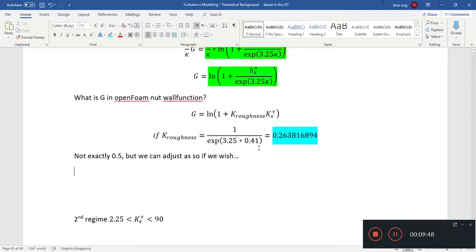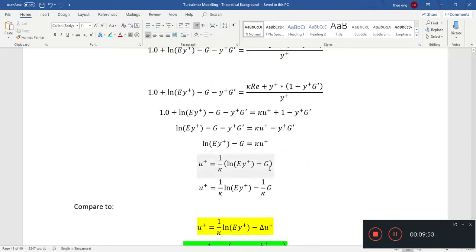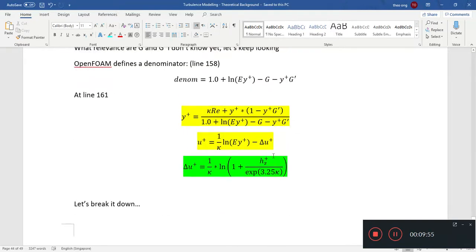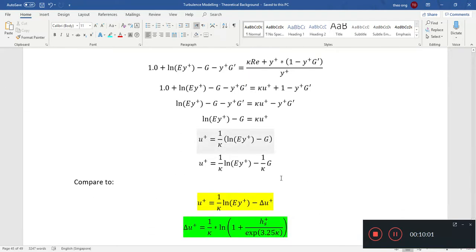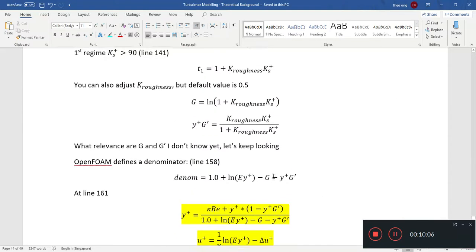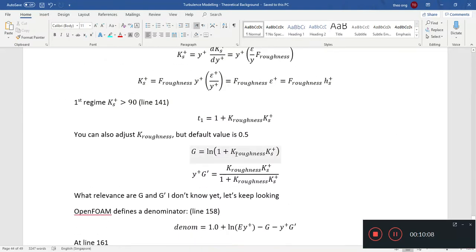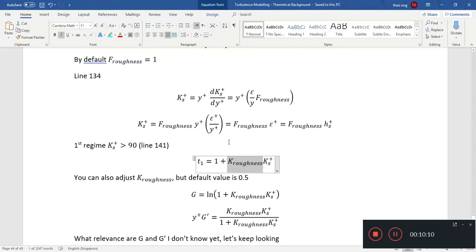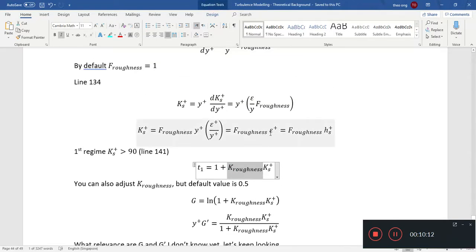Of course, this KS plus, you can do some scaling factor, if your scaling factor wasn't 1, because remember there was a scaling factor just now. Yes, KS plus, we have a scaling factor, we have this F roughness here.